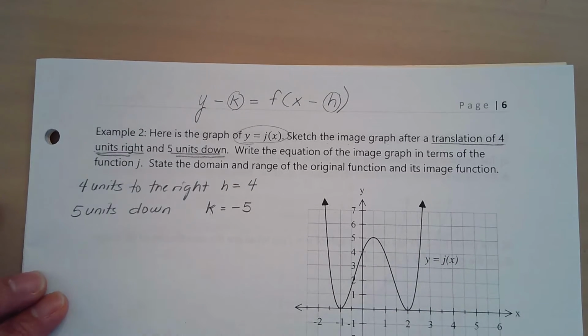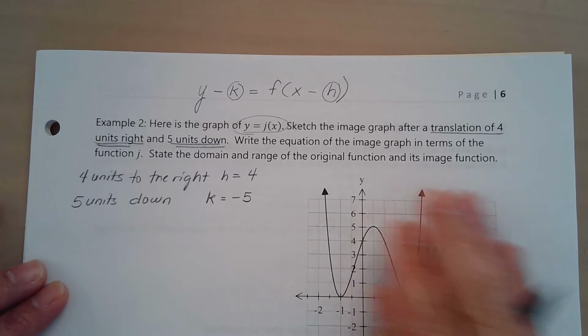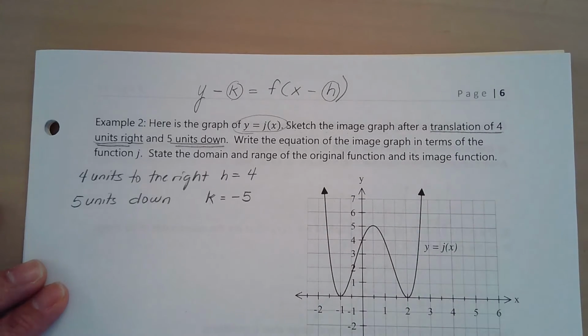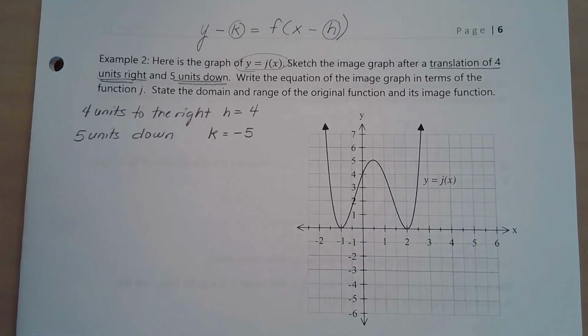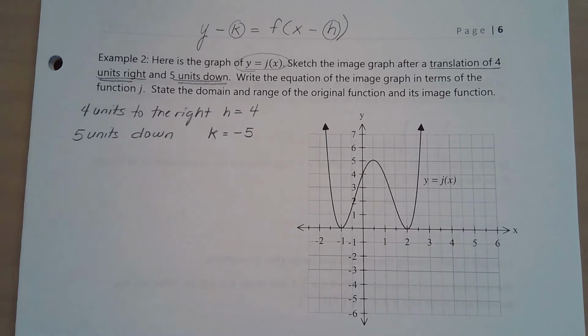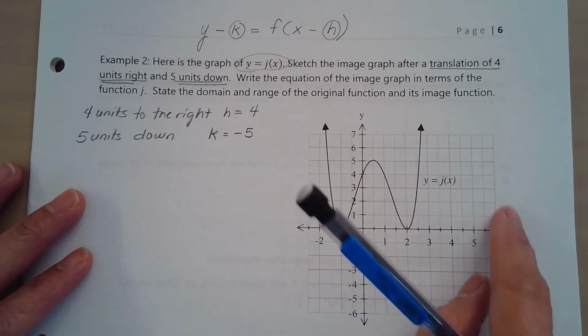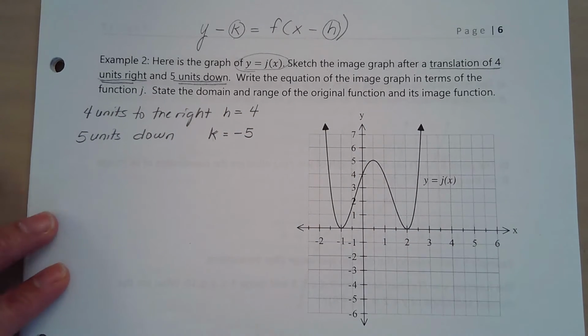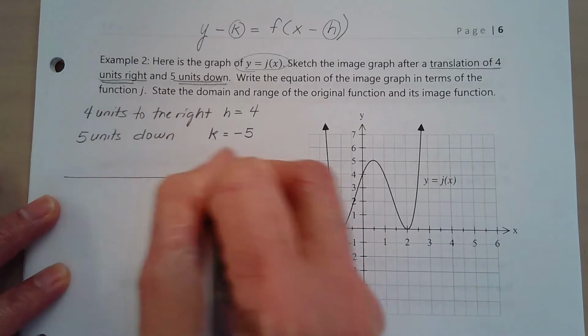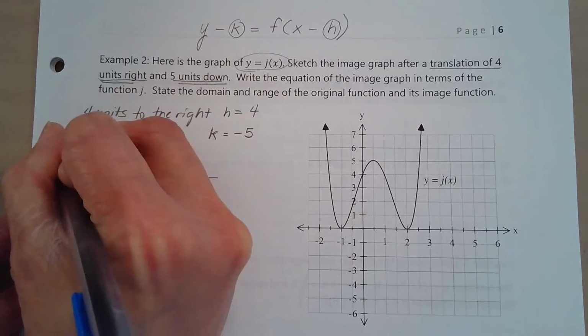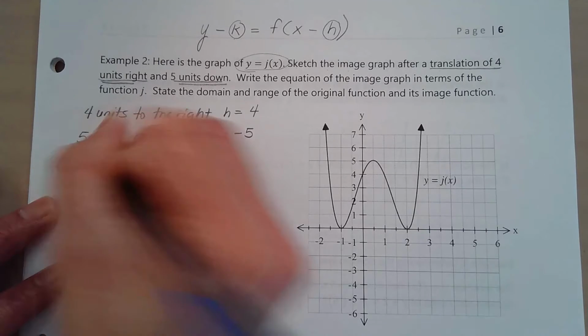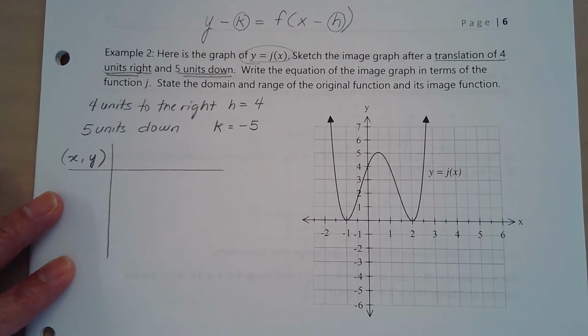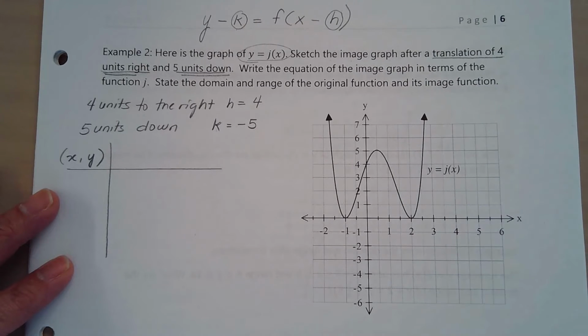Okay, so we're gonna continue with the mapping, because it's easy to pick the points in here, but I also want to make sure that we understand how the mapping goes. We're gonna first pick some points on our original graph. So let's take a look at some nice points. What do you see that's nice points in here?